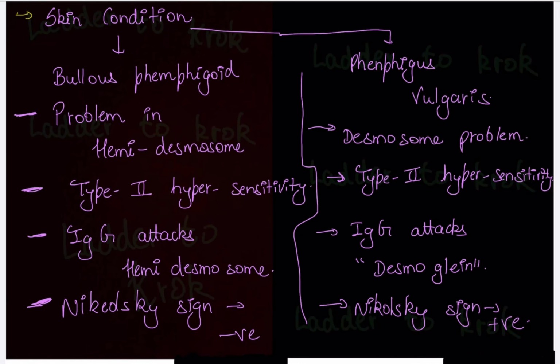Basically, in these persons the skin layer joints become a little weak, so the upper layer of the skin very easily slips away. IgG attacks desmoglein. Desmoglein is a type of protein that helps molecules stick together, helps maintain tissue integrity, and helps in cell to cell connection.